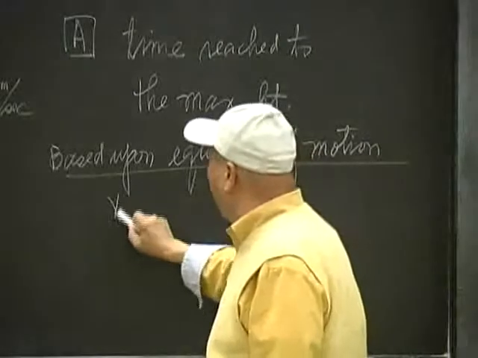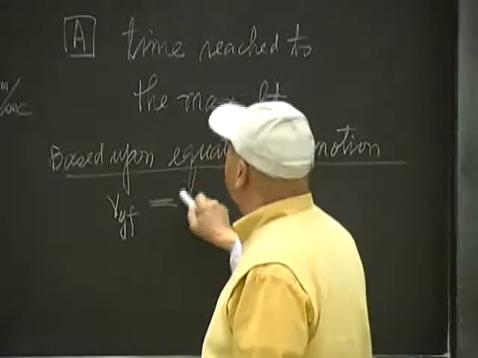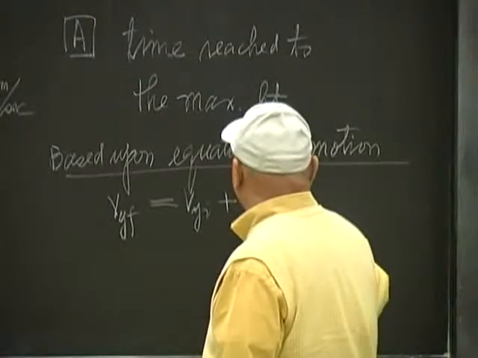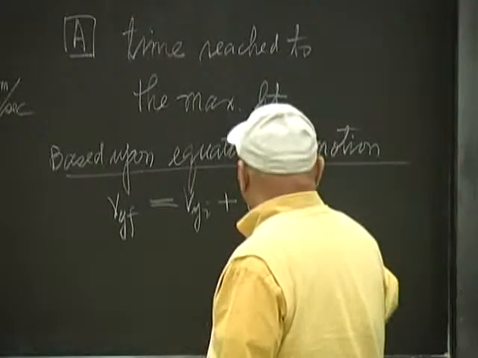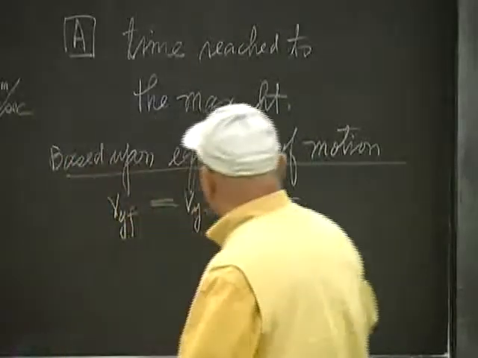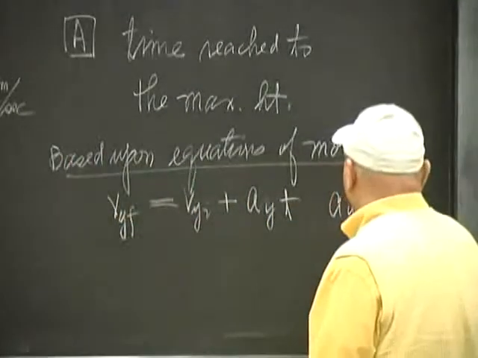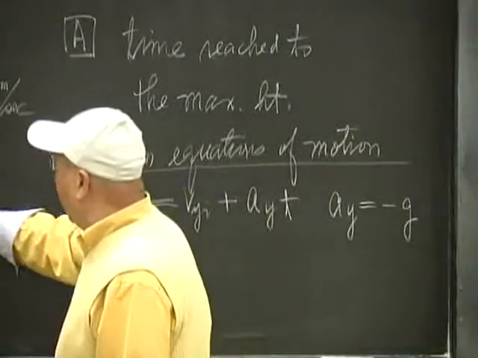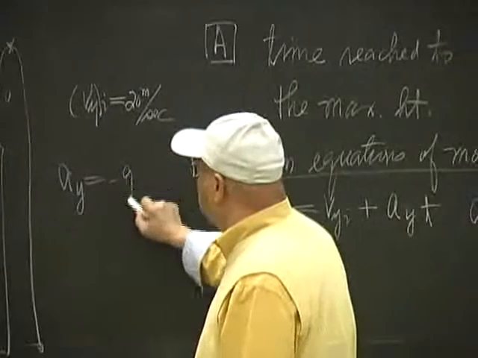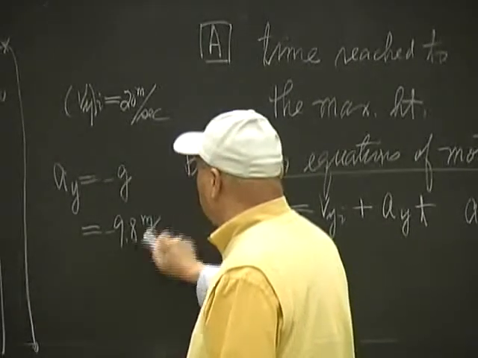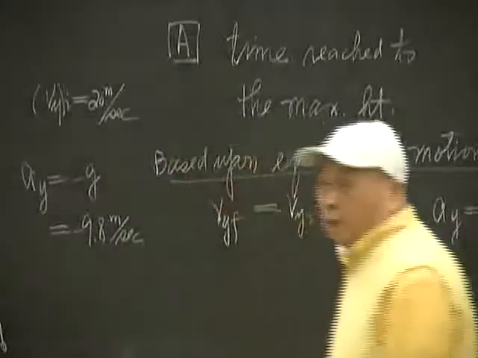You have V y f equal to V y i plus a y t. Now this is under gravitation law, so a y equal to minus g. So you put down a y equal to minus g, or equal to minus 9.8 meters per second squared.